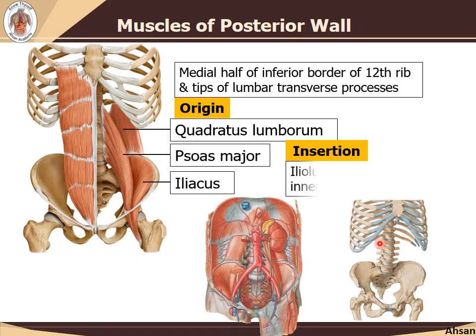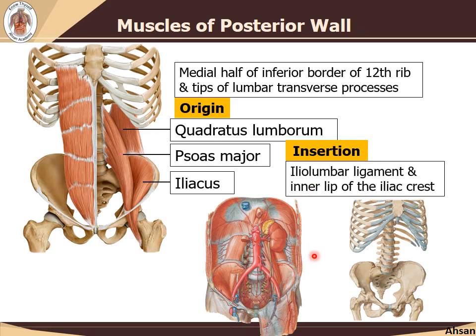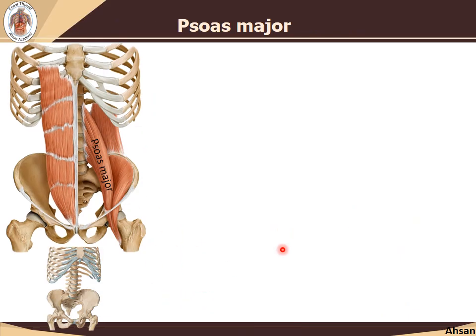It is inserted into a ligament that runs from the ilium to the fifth lumbar transverse process. This is known as the iliolumbar ligament. So this muscle fuses with the iliolumbar ligament and the inner lip of the iliac crest, posterior segment. This is the area where the quadratus lumborum remains attached.